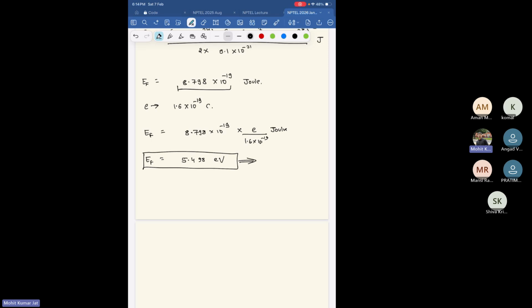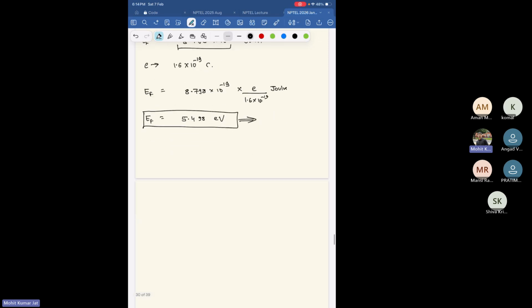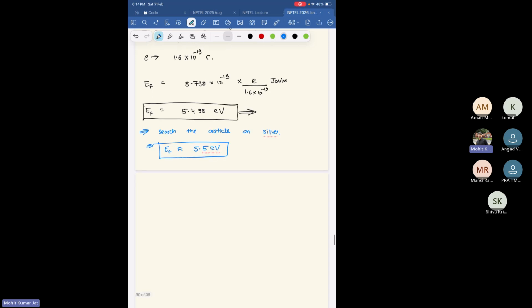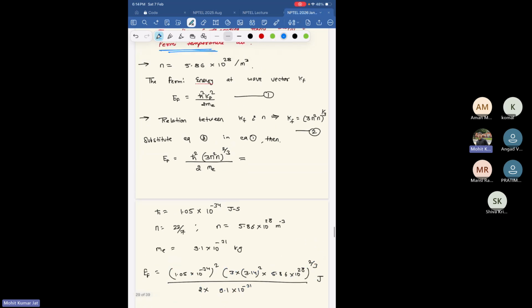So if you search on the internet, search the articles on silver, you will see that the actual Fermi energy in silver is roughly 5.5 eV, which is essentially the same as what we extracted. So that's the importance of knowing the number density.